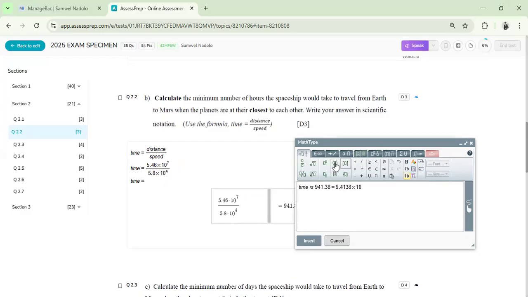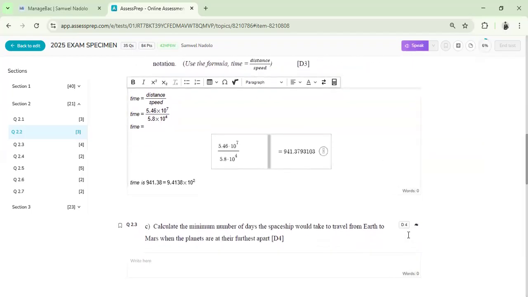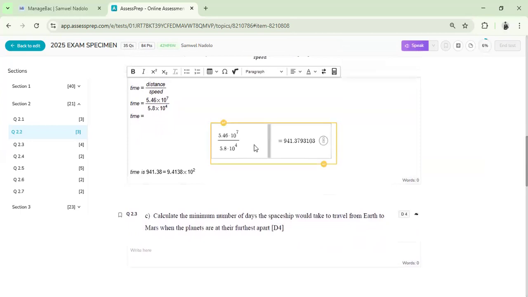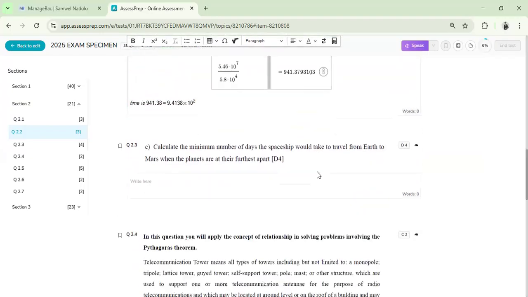We've moved back two times. So we're going to write times 10 raised to 2. And then you insert. That is your answer. So you can either do this in the calculator rather than writing here, and then we'll copy it, put it there, and give you the answer.